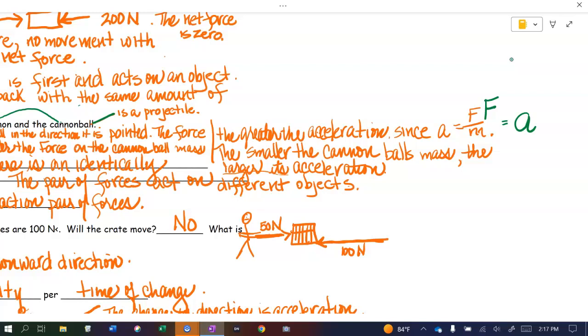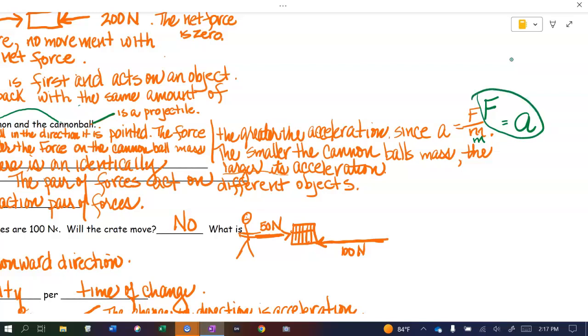The smaller the cannonball's mass, the larger its acceleration. So once again, if we say the force stays the same, but the mass shrinks, all right, so these go together.